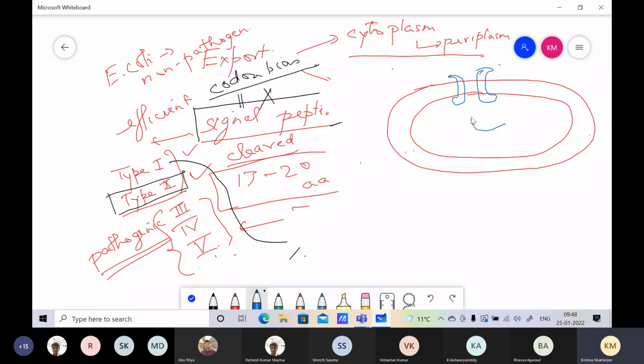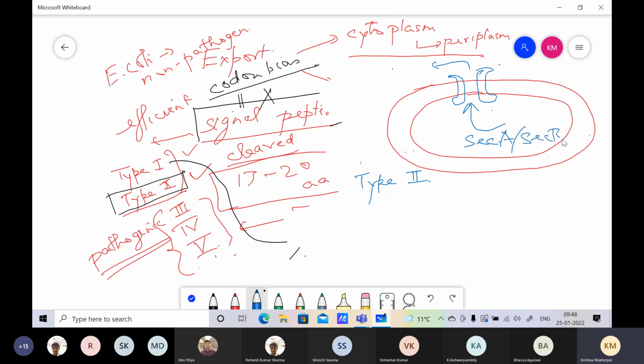So the protein can simply move from here right outside. But it is not very efficient and doesn't work for all proteins, and therefore the type 1 pathway is not the preferred method. The more preferred is the type 2 pathway, which is also called the SEC pathway, the SecA, SecB pathway.